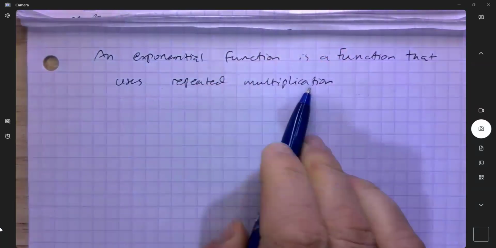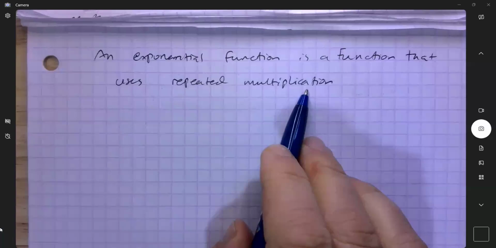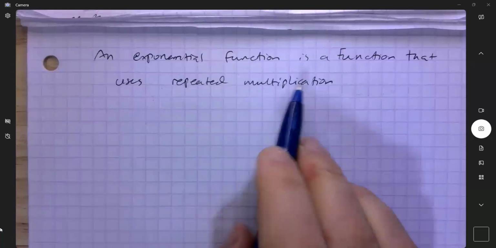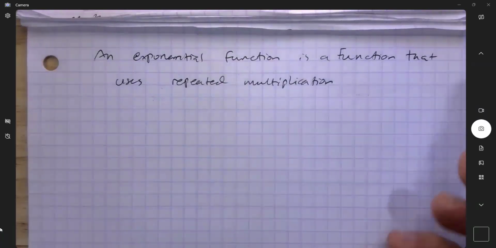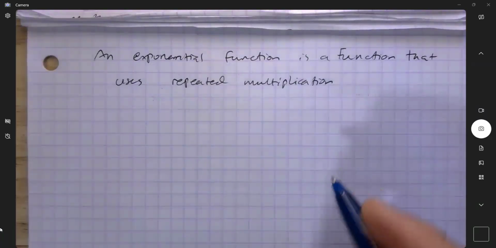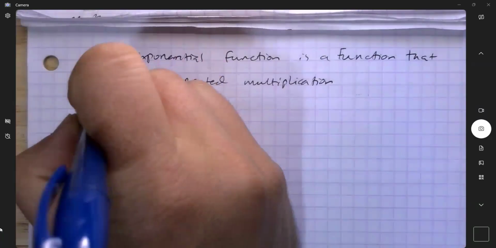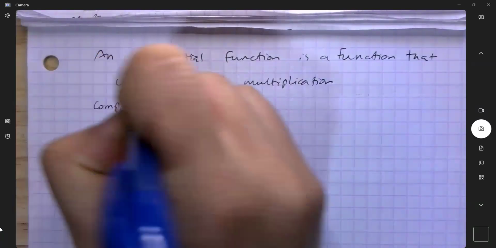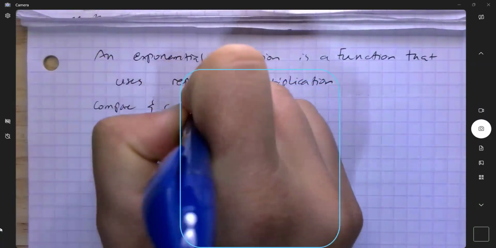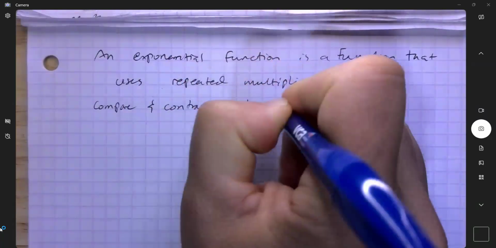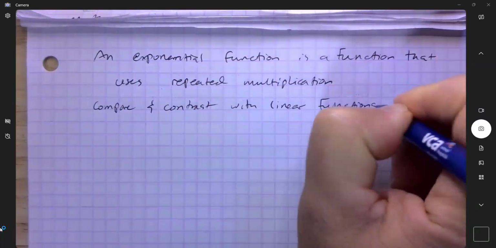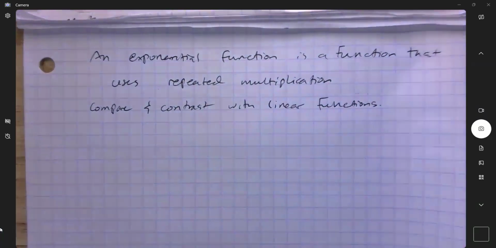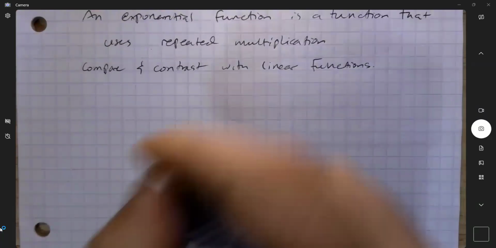And we don't really talk about it using repeated division, because if it were division, we could always turn it into multiplication by a fraction. So an exponential function is just a function that uses repeated multiplication. And I'm going to compare and contrast with linear functions, because usually we've spent more time working with linear functions than exponential functions.